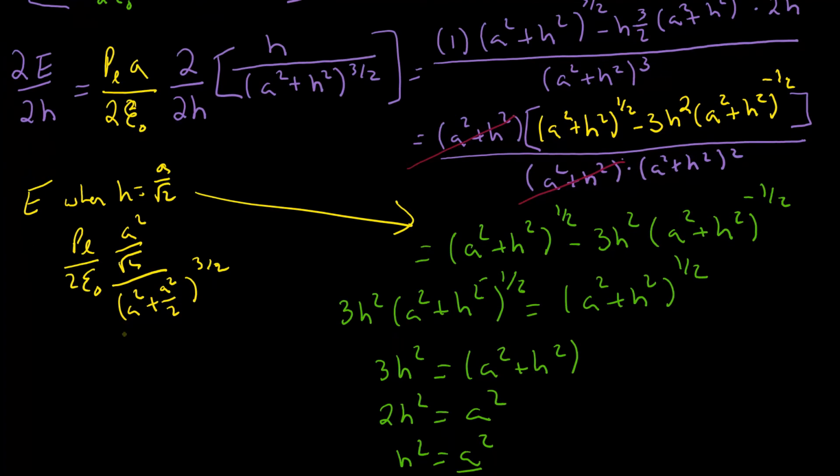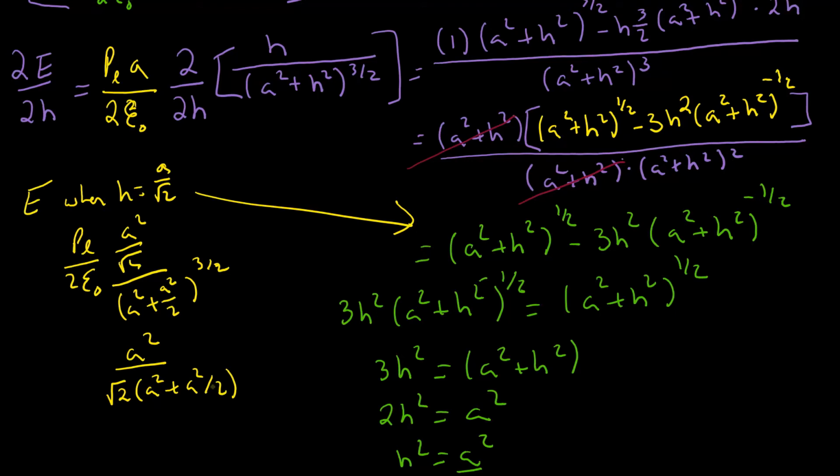So that's going to be a squared over square root of 2 times a squared. Alright, damn, this is too complicated.